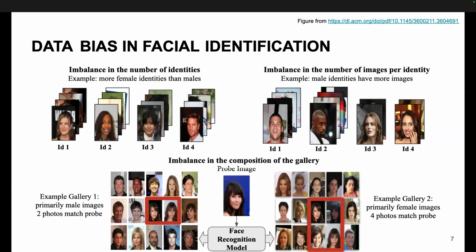These 2 forms of data imbalance manifest in the gallery in very different ways and can be teased out to have very different impacts on how data bias influences the facial identification process. This is described in this AIES paper that I have with co-authors.